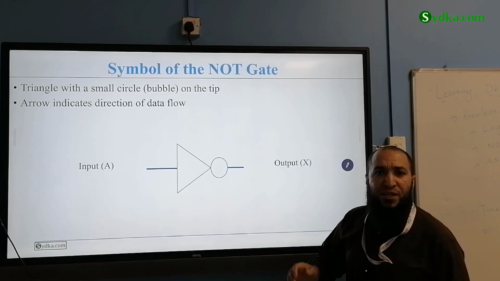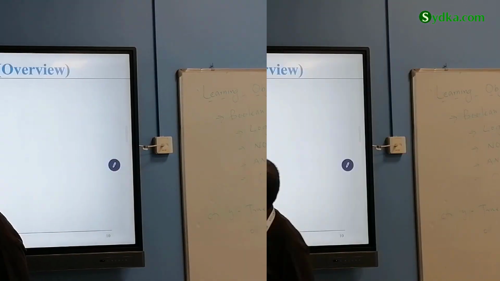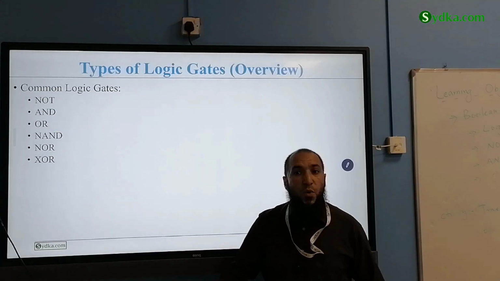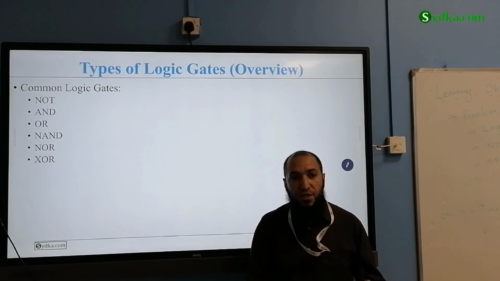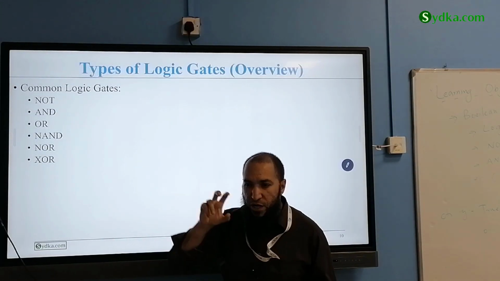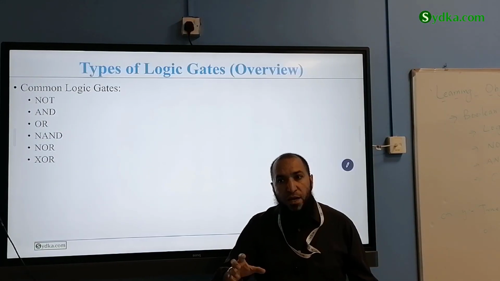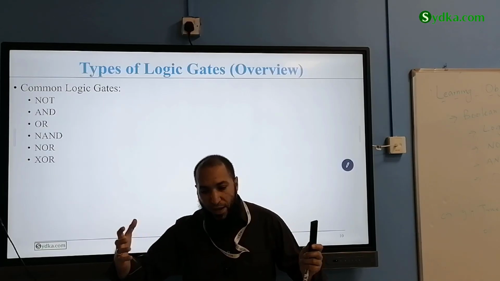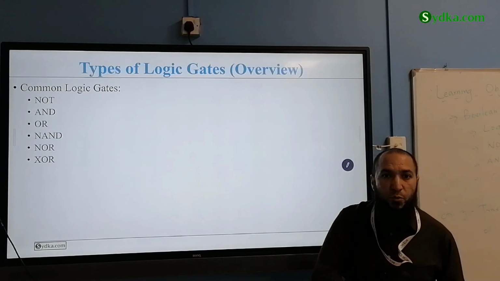Now, one thing I want you to focus on, very important: individually, they are easy. But when we come to make a circuit from them, then we will have all the different gates, and that's complicated. If you are good at individually recognizing the tables and the symbols, then making a big circuit is easy. But if you are struggling here, for sure you will be struggling later.